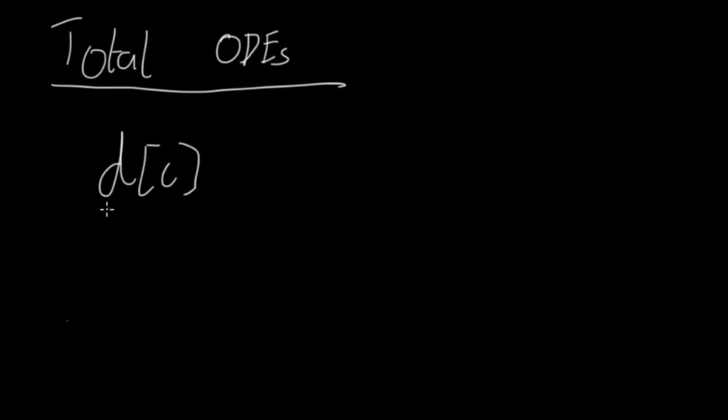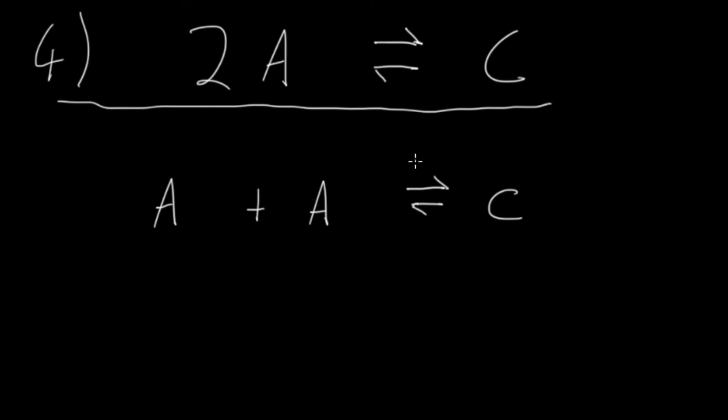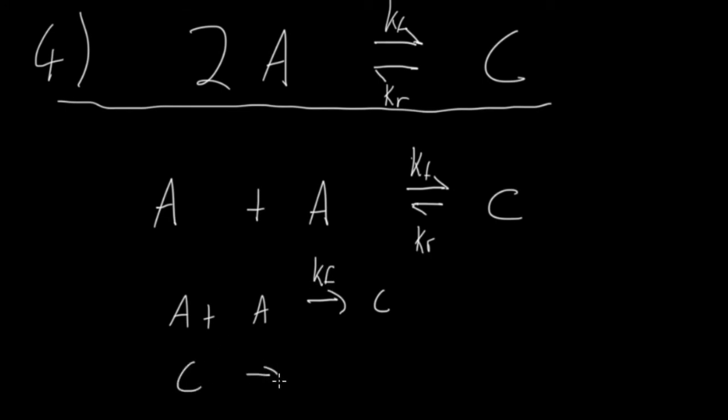dC by dt equals, again we're going to have K forward and K reverse. Again, A plus A goes to C is the K forward, and C goes to A plus A is the reverse.